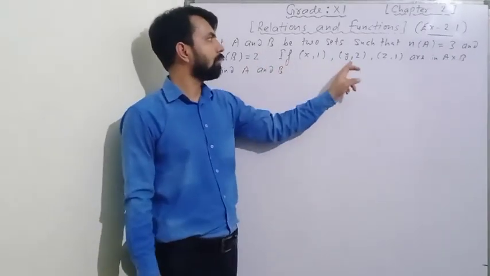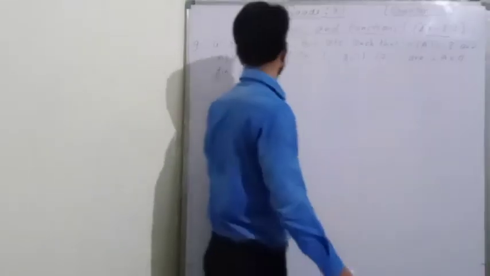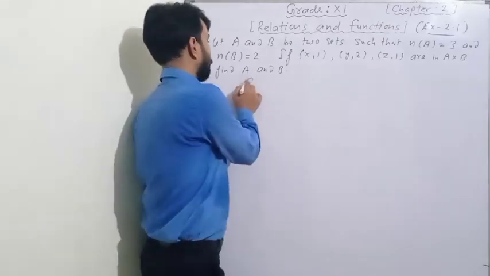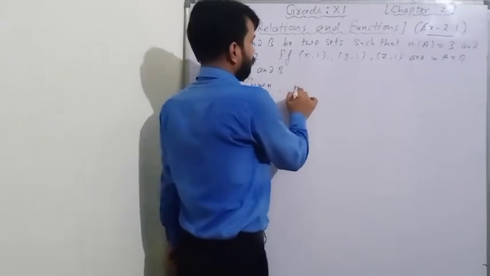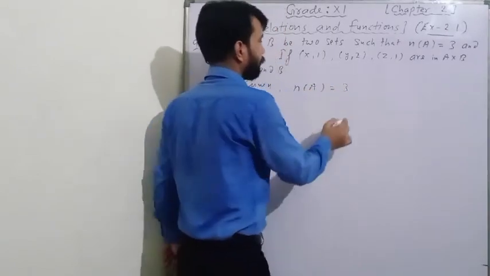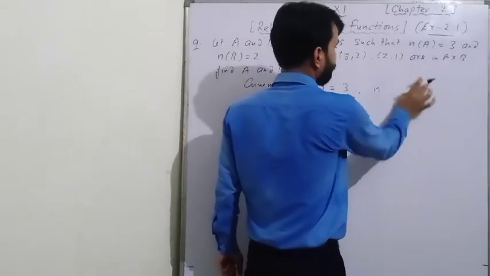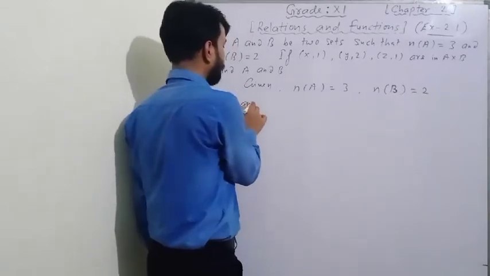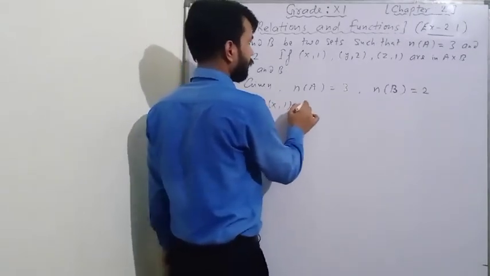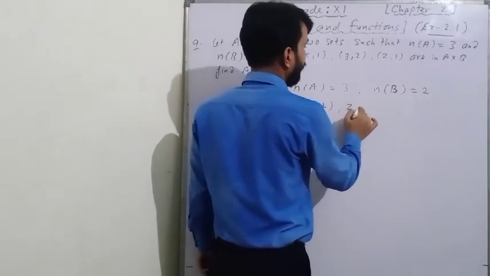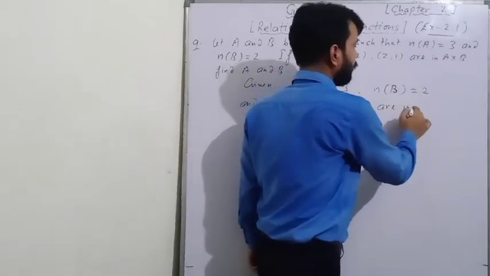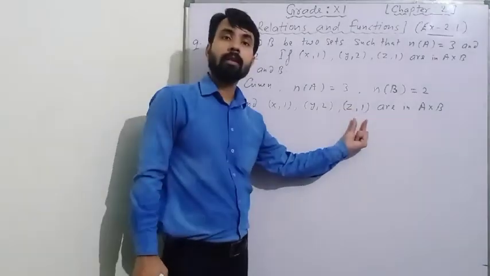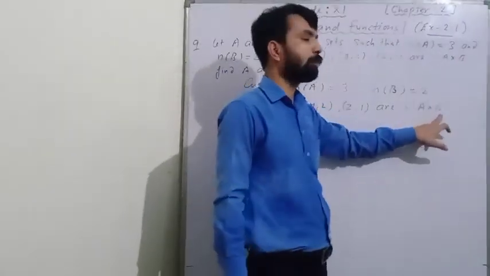If (x, 1), (y, 2), (z, 1) are in A cross B, then find A and B. So we have to find the sets A and B. Given: number of elements in A is 3, number of elements in B is 2, and (x, 1), (y, 2) and (z, 1) are in A cross B. These are the ordered pairs present in the Cartesian product of A and B.